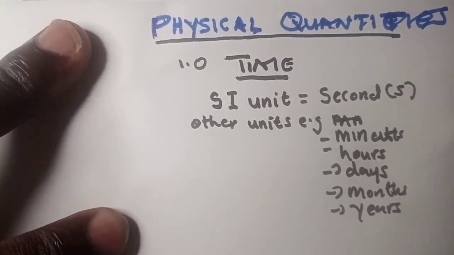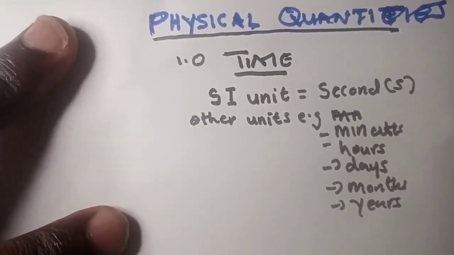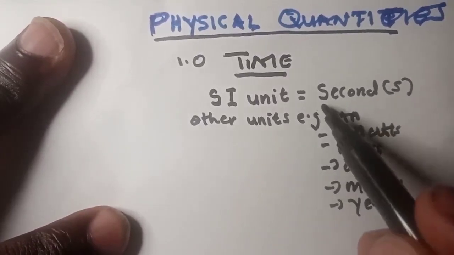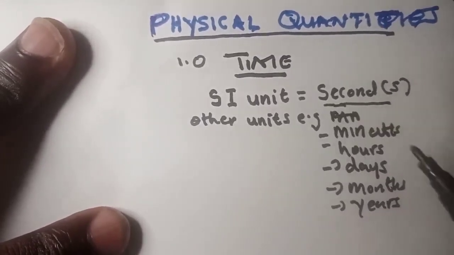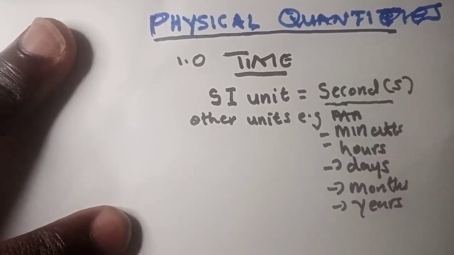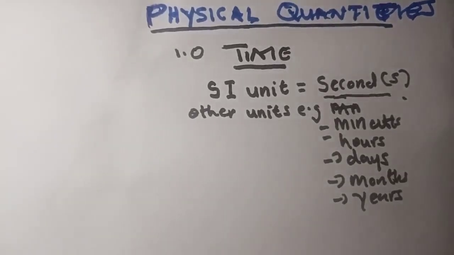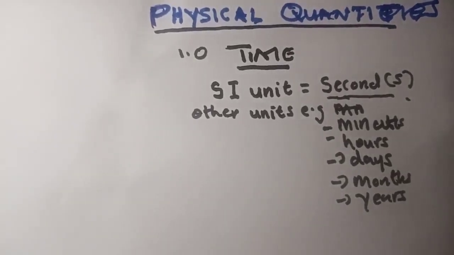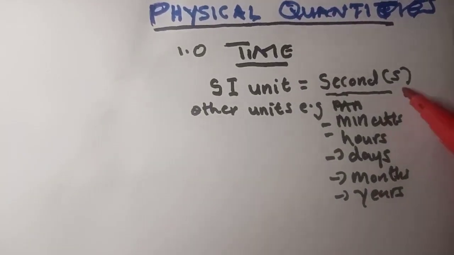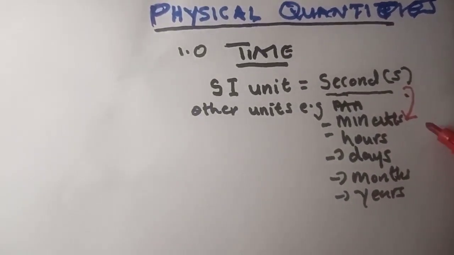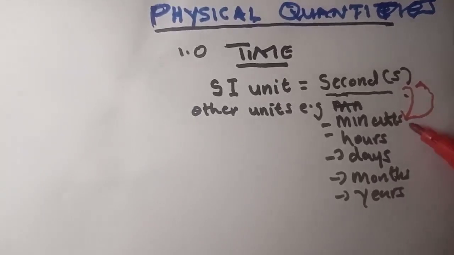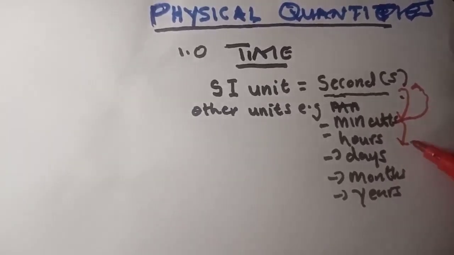So they go on. We have centuries, jubilees, and all that. All those are units of time, but the international standard unit for time is simply what? Seconds. So we need to know how to convert from seconds to minutes, minutes back to seconds, from minutes to hours, and back.